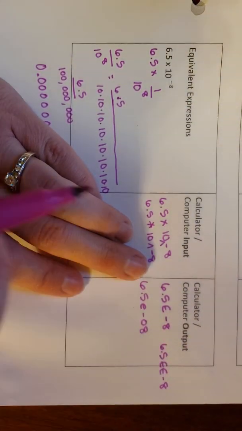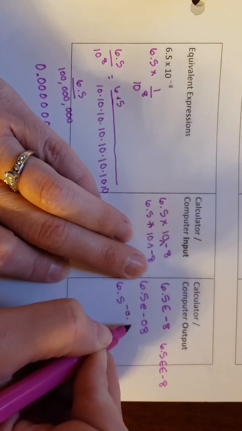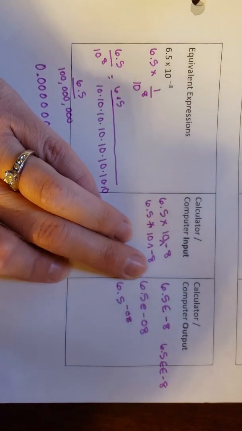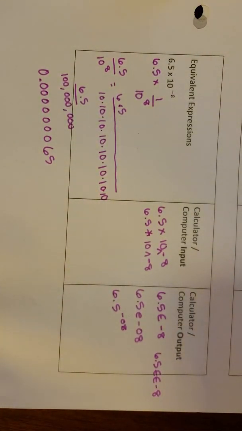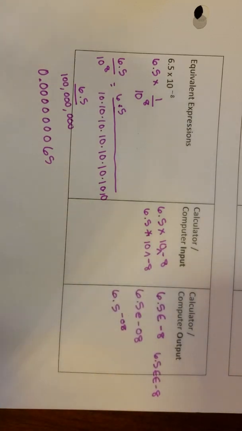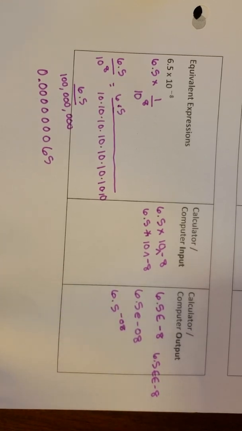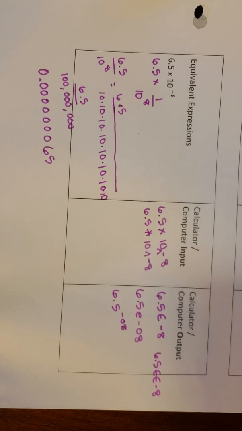That was positive. This one would be negative. Or 6.5 and a little, no decimal, and a little negative 08. And again, this could technically mean 6.5 to the negative 8th power, but again, you would know if you were using the technology if you were using very small numbers or not, and if that might be a logical place where technology would use that sort of notation.